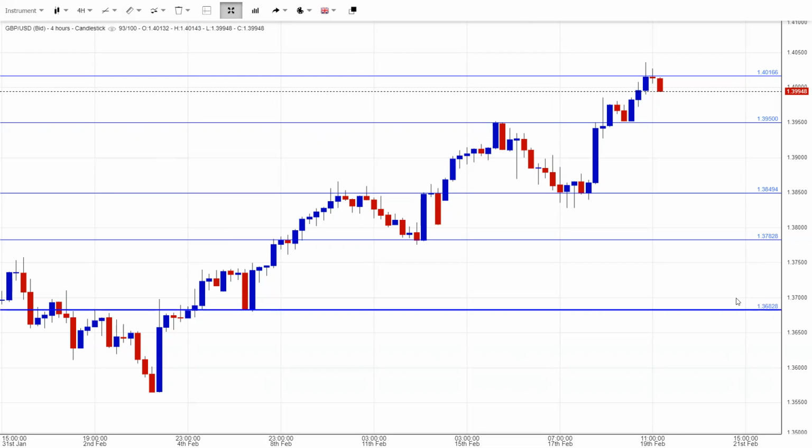So for GBPUSD, you're looking at levels like 1.3600, 1.3700, 1.3800, 1.3900, and so on. All right.